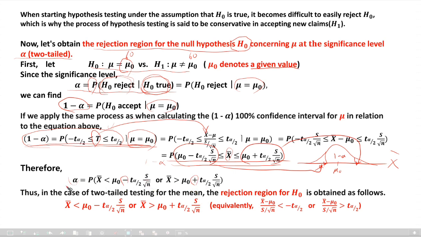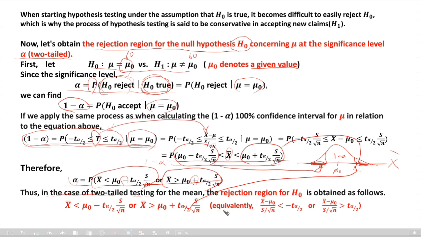So this means in the case of two-tailed testing for mean mu, the rejection region for H0 is obtained like this. This one is the rejection region: x bar less than mu 0 minus t alpha over 2 times s over square root of n, or x bar greater than mu 0 plus that value.